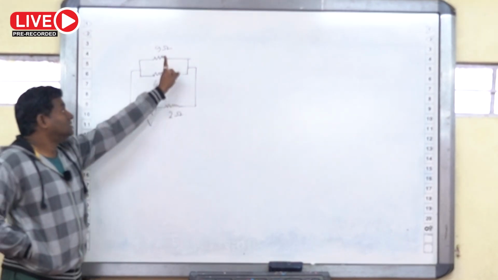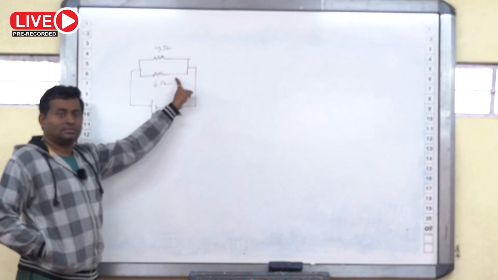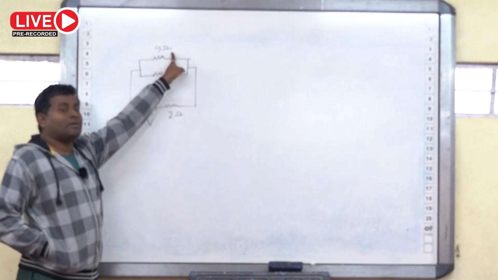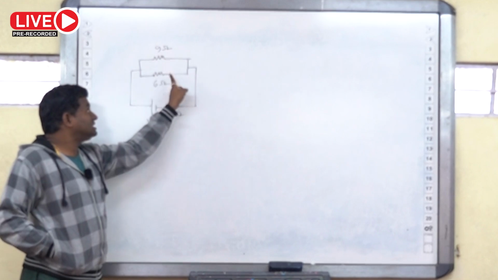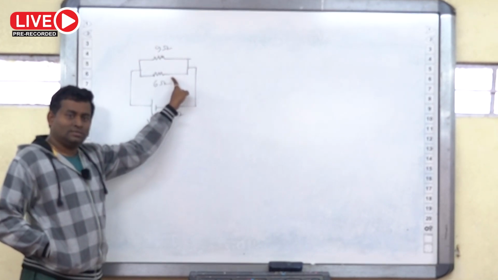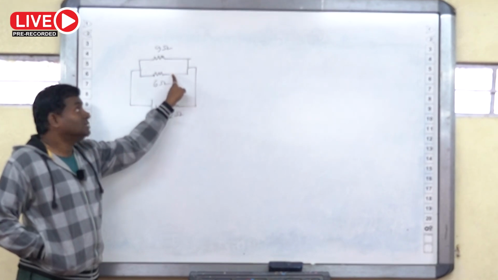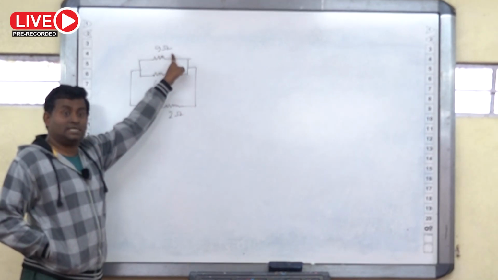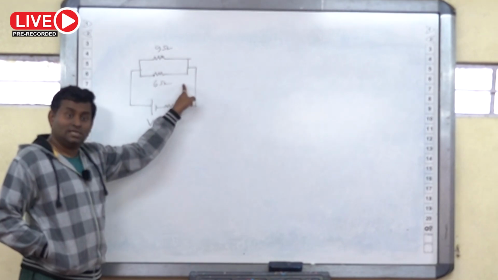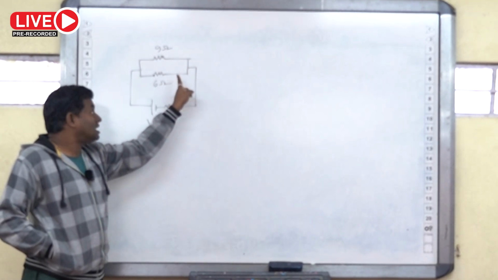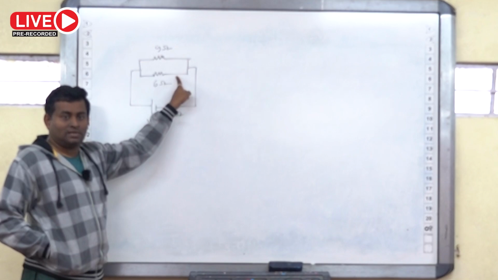Then these two are connected in parallel. So if 2 ampere current flows through this, then obviously 3 ampere current flows through this, because in parallel combination potential difference remains constant. So 9 into 2, that is 18 volt. 6 into 3 is 18 volt. So current through this one will be 3 ampere.